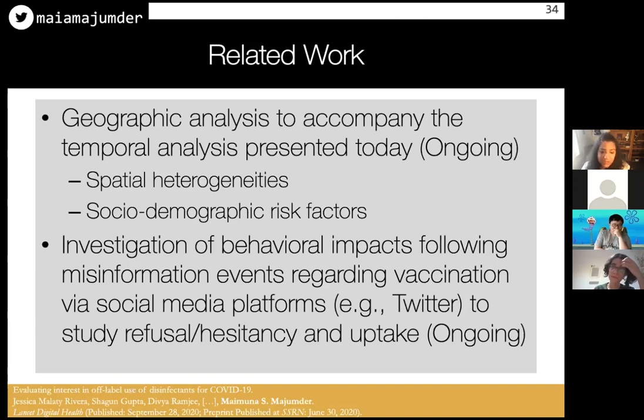We're also working on incorporating additional data streams, such as Twitter, to glean deeper insights into behavioral impacts following other misinformation events, including those that pertain to vaccines, which is particularly important right now, given refusal and hesitancy here in the United States and our efforts to increase uptake.